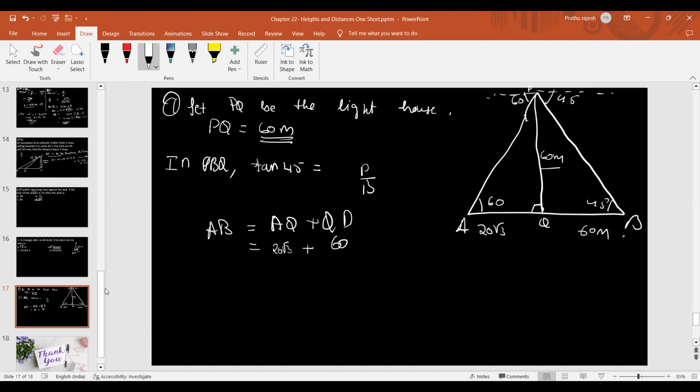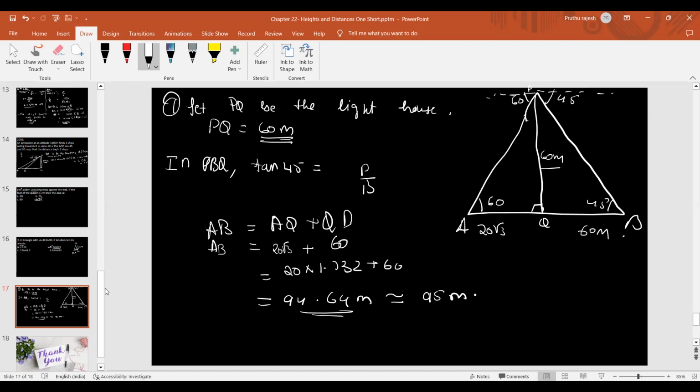So AB is 20 root 3 plus 60. 20 into 1.732 plus 60 gives 94.64 meters. You cannot leave the answer just like that. You have to convert this answer to the nearest meter. So this will give 95 meters.